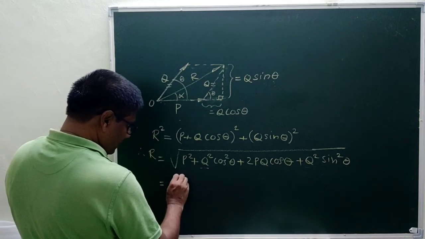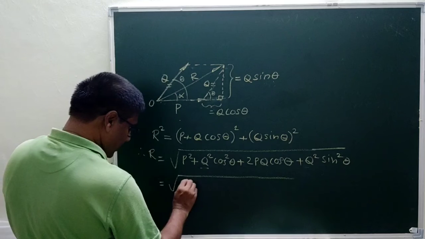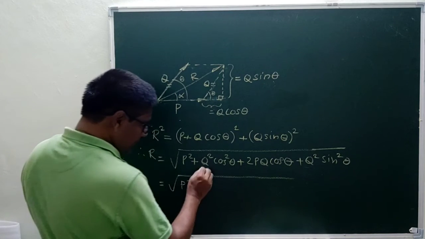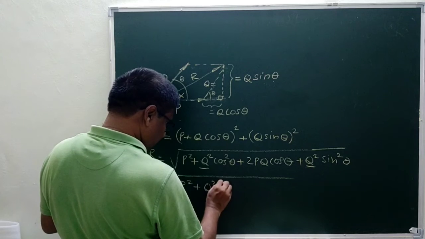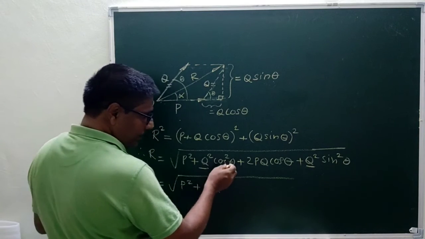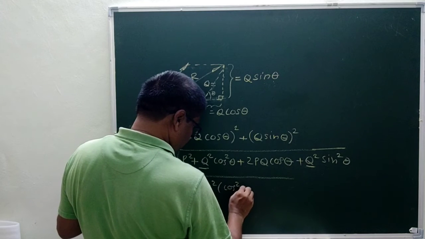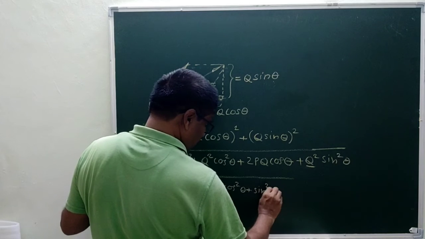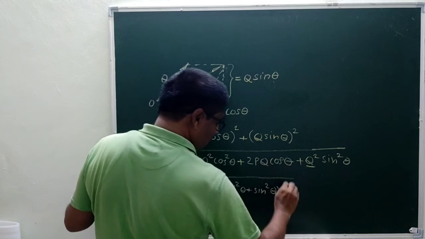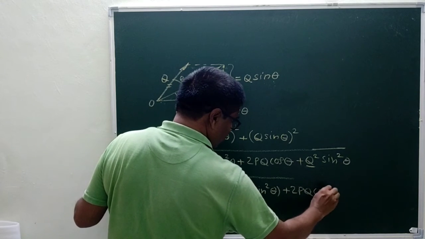This R is equal to root of P square. If we take Q square common from these two terms, Q square in bracket we get cos square theta plus sin square theta, plus 2PQ cos theta.